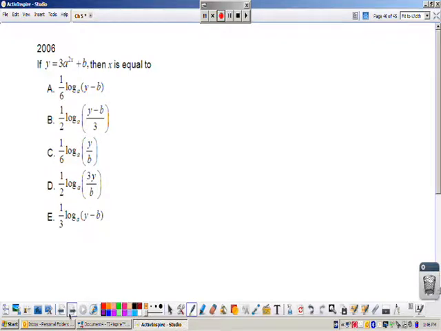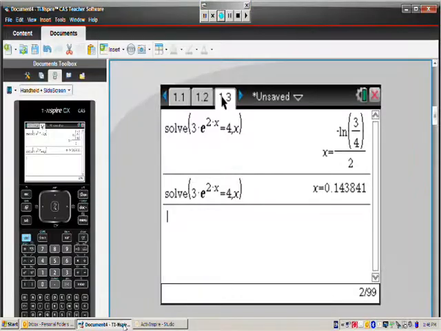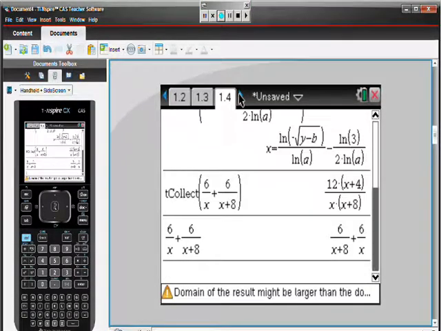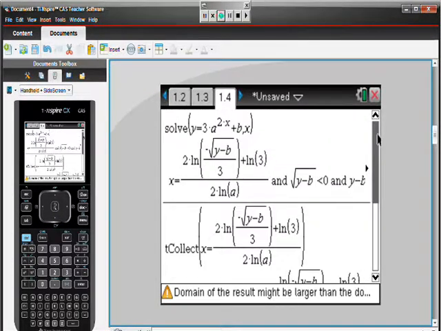So what might you try? You can try solve on your calculator, but when you try solving with respect to x, you get an answer that doesn't appear in the multiple choice responses.